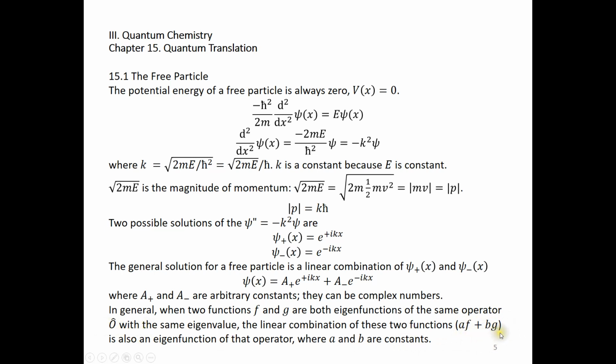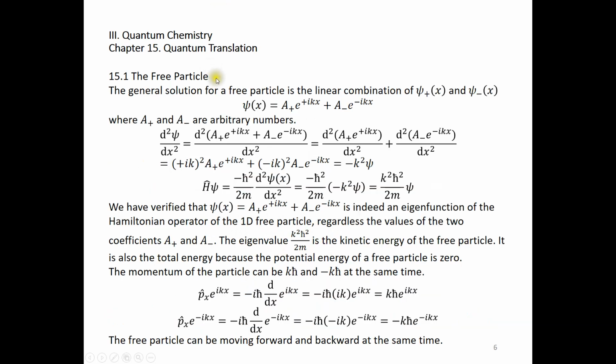Then af plus bg is also an eigenfunction of this operator, also with the same eigenvalue. So specifically, since this is an eigenfunction of the Hamiltonian, this is also an eigenfunction of the same Hamiltonian, and these two have the same eigenvalues, negative k squared, and therefore the linear combination of these two exponential functions is also an eigenfunction of the same Hamiltonian with the same eigenvalue, negative k squared.